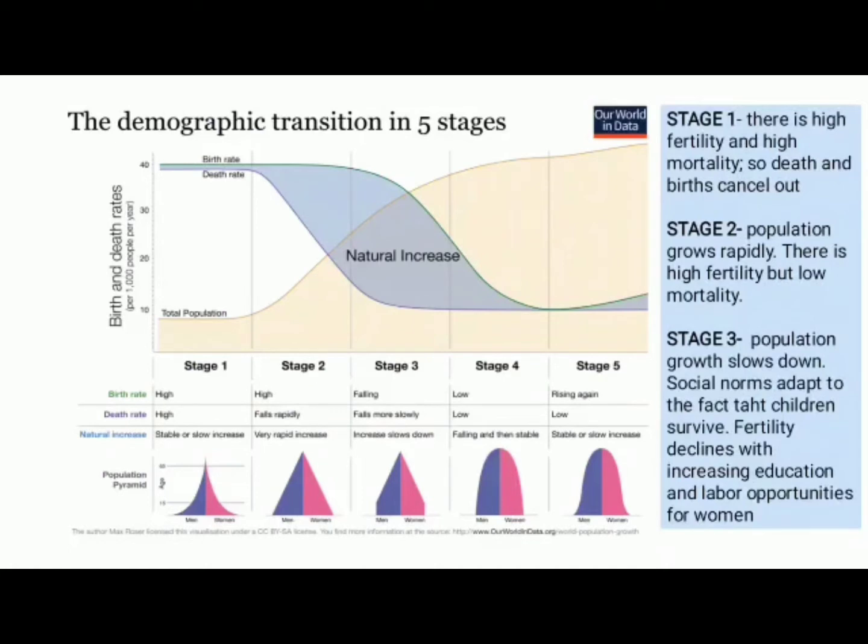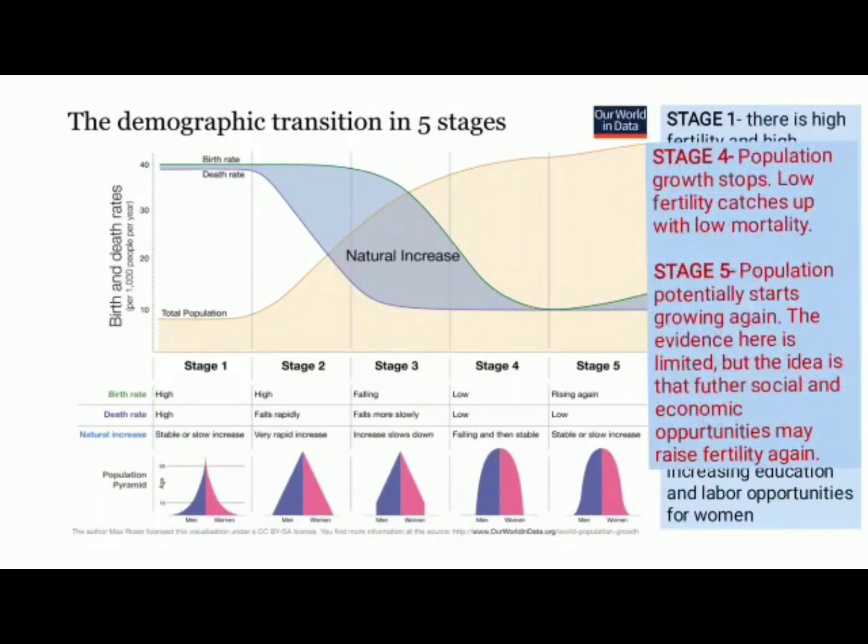Stage 3. Population growth slows down. Social norms adapt to the fact that children survive. Fertility declines with increasing education and labor opportunities for women. Stage 4.